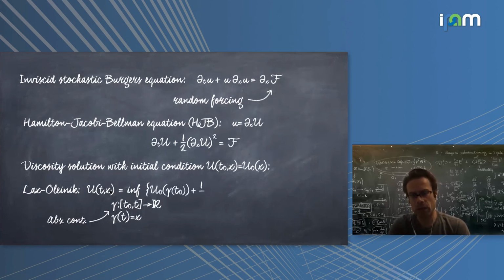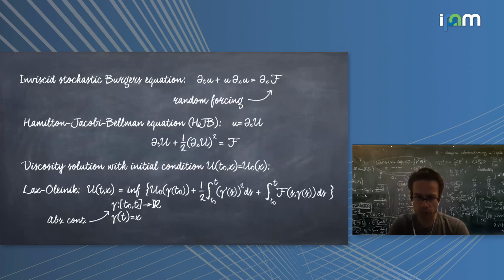You collect the initial condition at the initial point of the curve, plus a kinetic energy term and a work term. These two together are called the action functional.